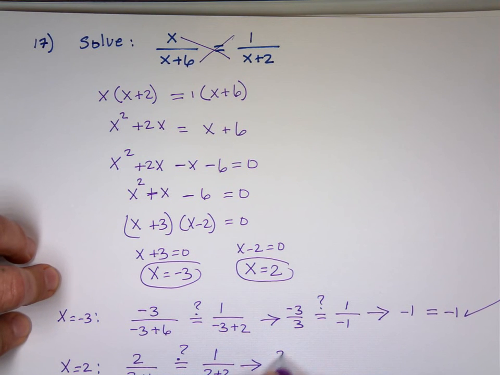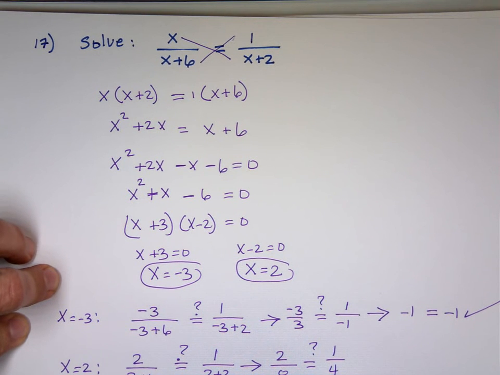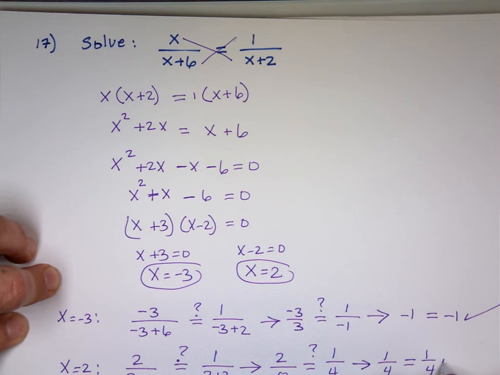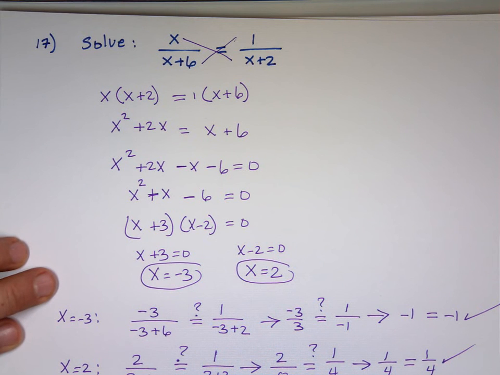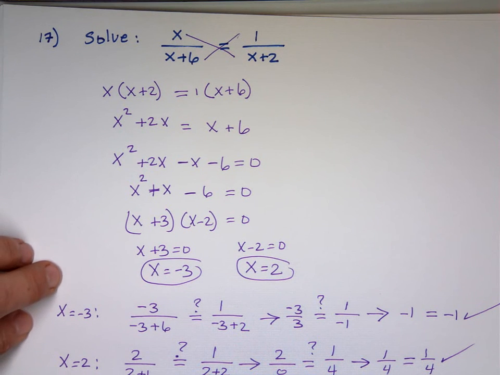Is it equal to 1 over 4? If you simplify 2 over 8, that's 1 over 4. And yes, they are equal. So both answers are good. X equals 2, X equals negative 3. That's the end of the chapter.